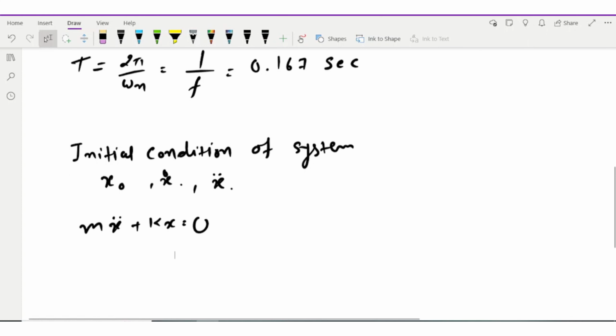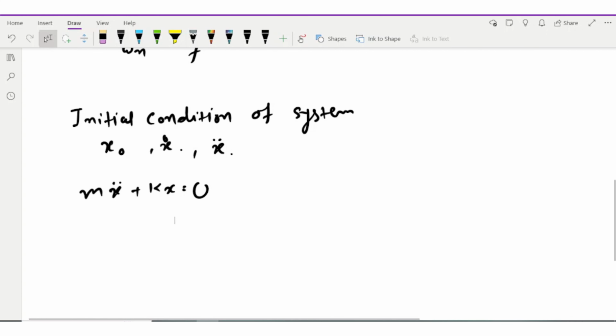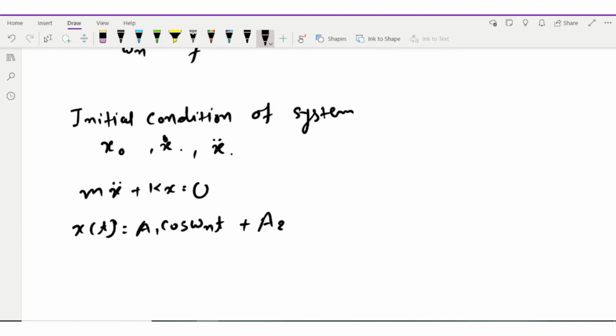And for the solution of this system, there are two possible solutions. You can use any one: A1 cos omega n t plus A2 sin omega n t, or you can use A sin of omega n t plus phi.